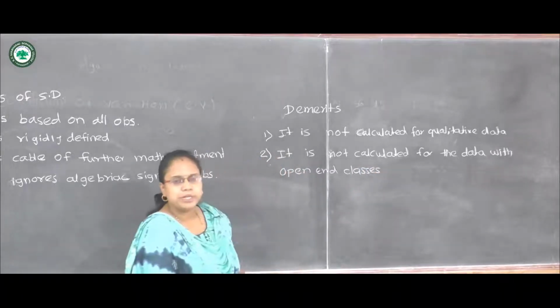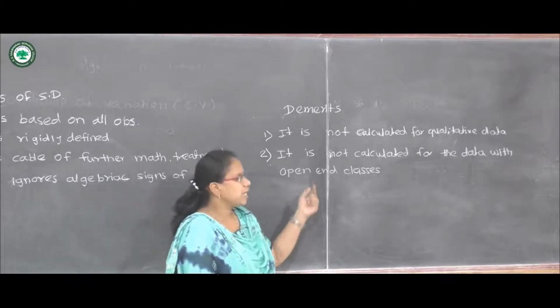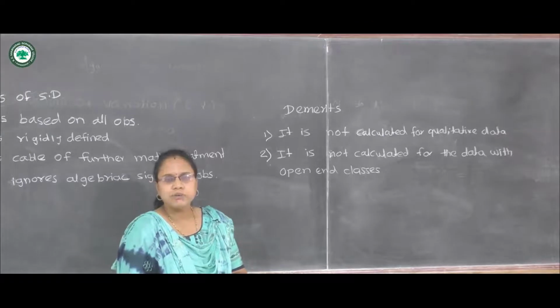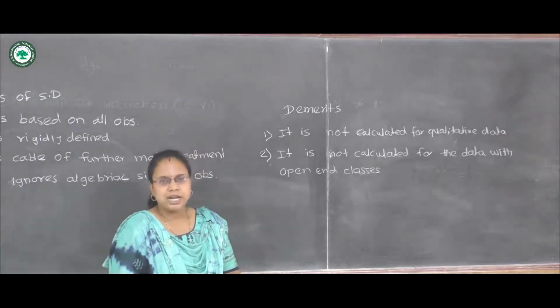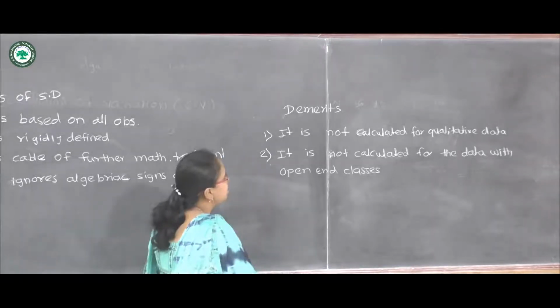If the extreme classes are open-ended, then we cannot calculate the mid value for that class, which is required to calculate the standard deviation. So these are some demerits.